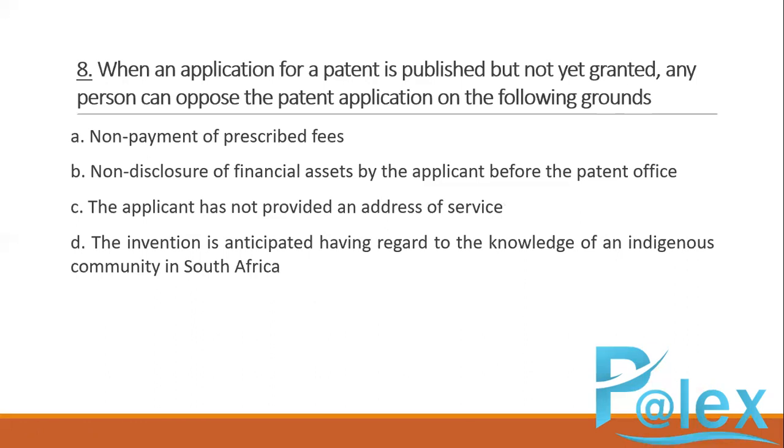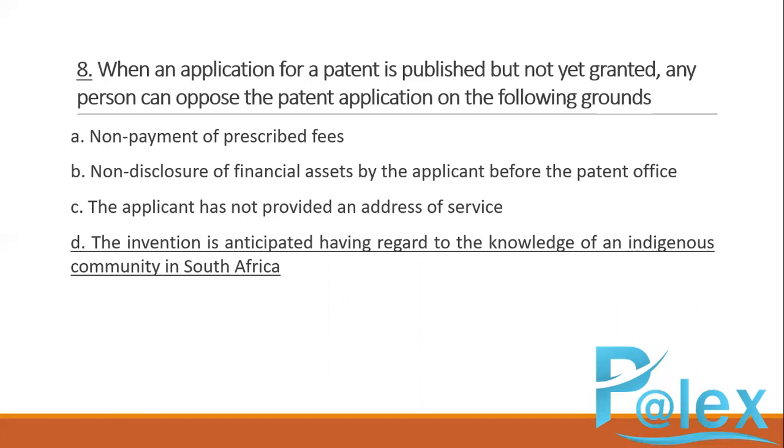The grounds are: non-payment of prescribed fees, non-disclosure of financial assets by the applicant, the applicant has not provided an address for service, and the fourth is the invention is anticipated having regard to the knowledge of indigenous community in South Africa. Now, if you see first, second, third, these are not the grounds for pre-grant opposition.